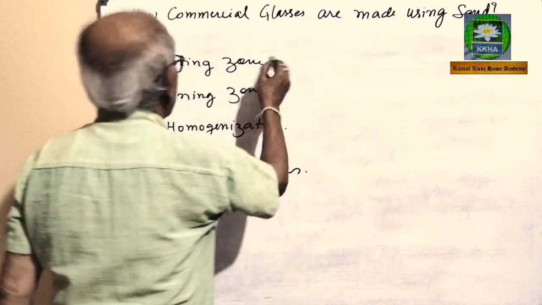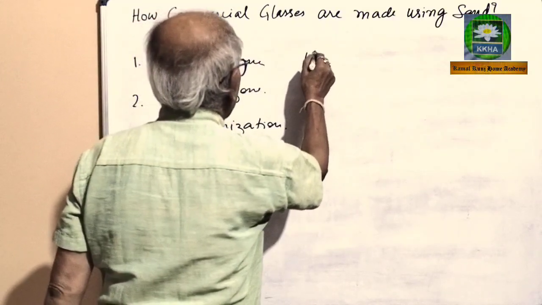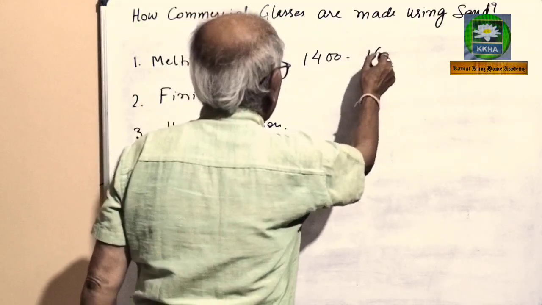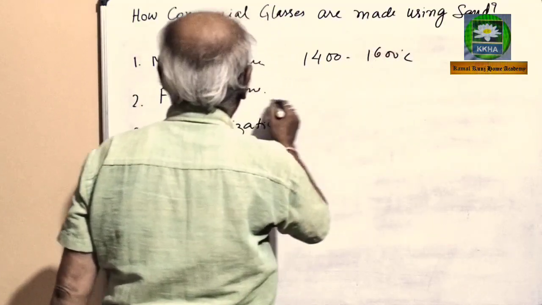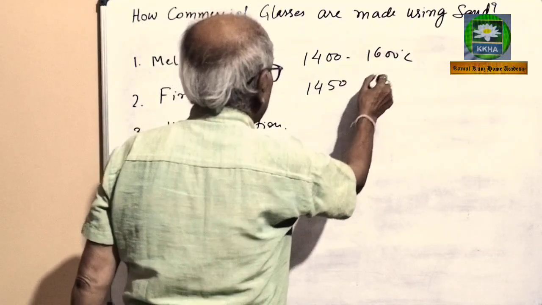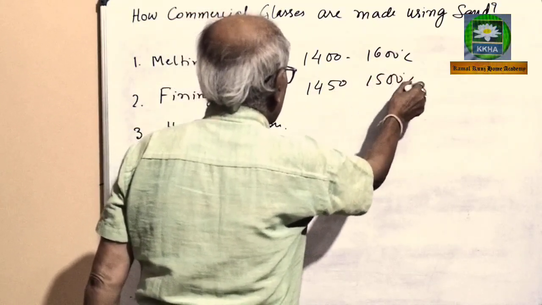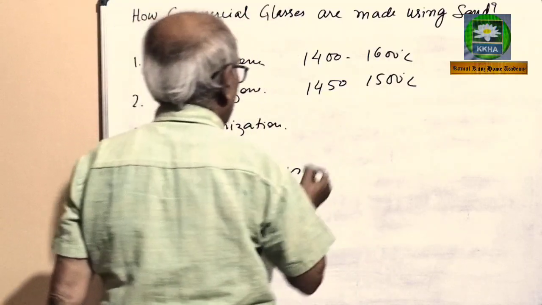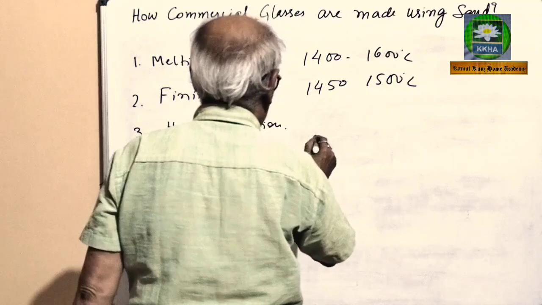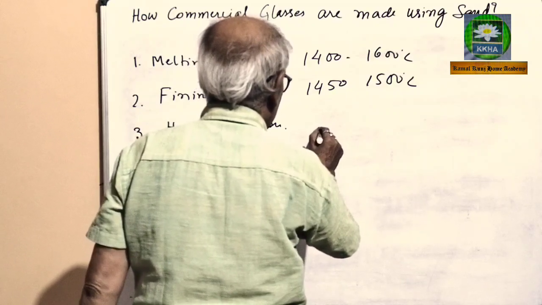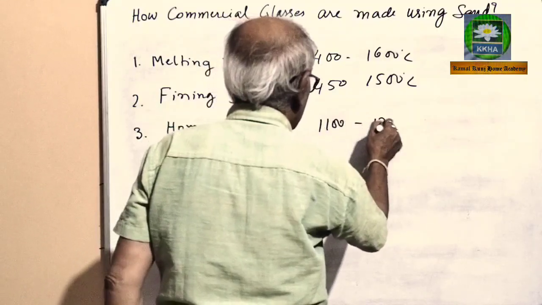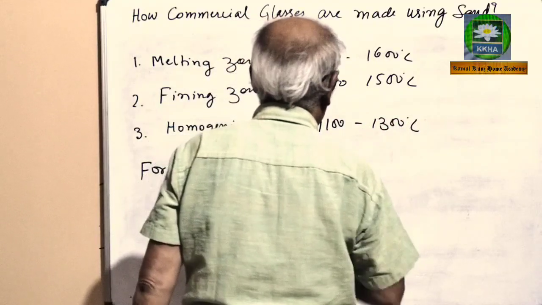Now temperatures in different zones: in the melting zone, temperature ranges from 1400 to 1600 degrees Celsius, fining zone 1450 to 1500 degrees Celsius, and in the feeder temperature is 1100 to 1300 degrees Celsius.